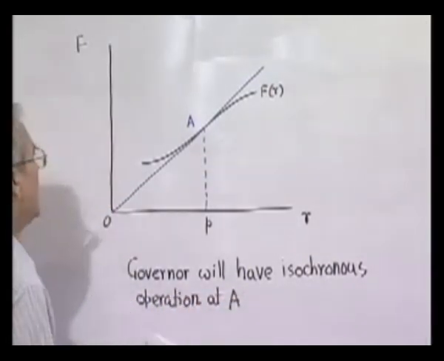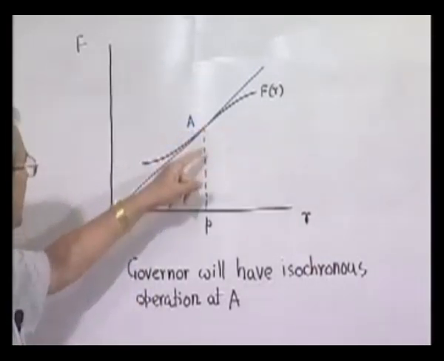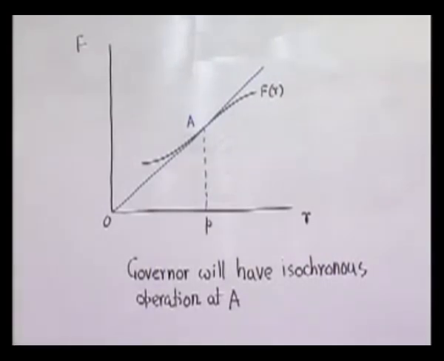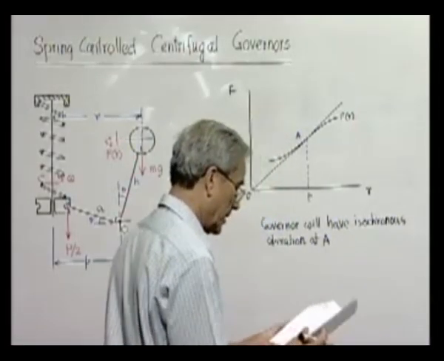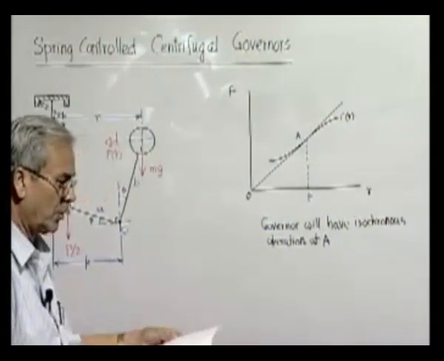Because here dF/dR is this and F/R is also the same. So therefore, it satisfies that condition, and the governor is very sensitive, and obviously sensitive means that it will operate better.